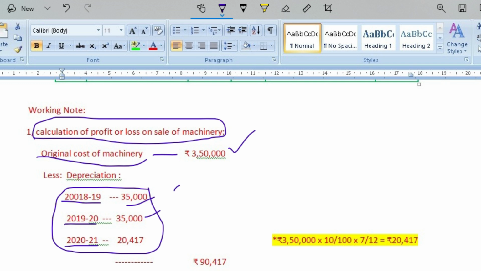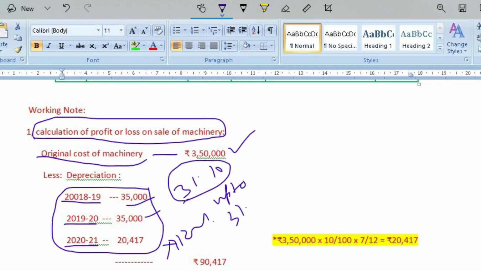On 31st October the machinery was sold. In the year of sale, depreciation shall be charged up to the date of sale. Understood? Of the third year, from April 1 to 31st October, so it comes to 7 months.